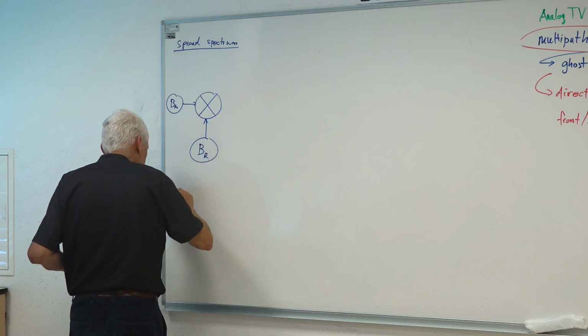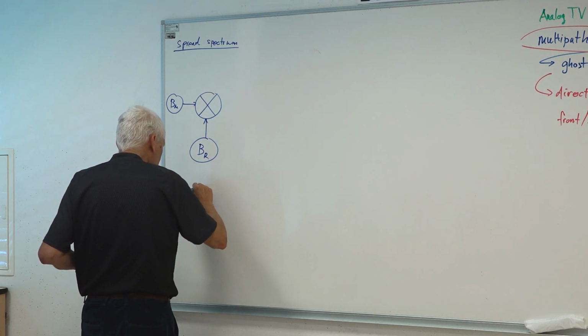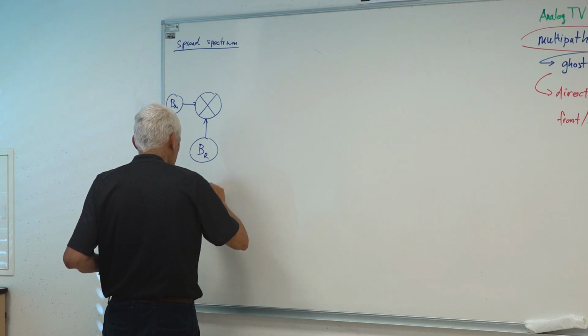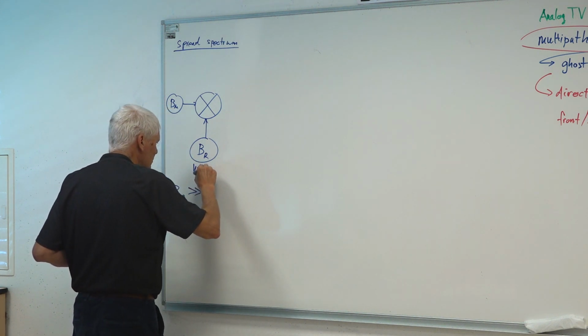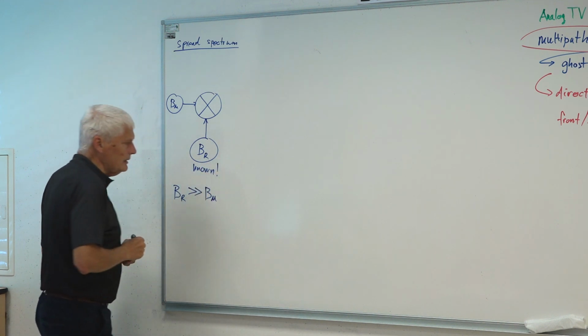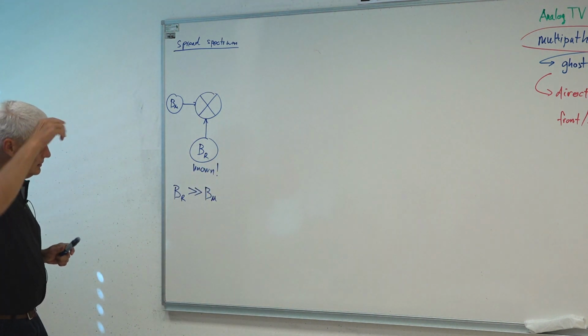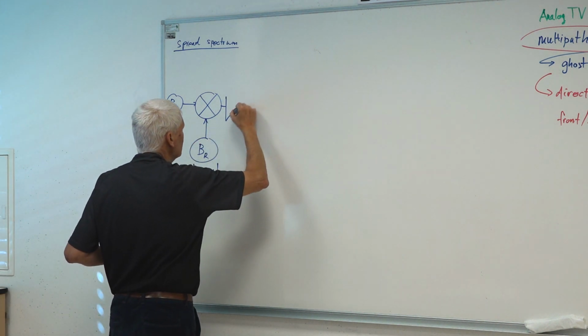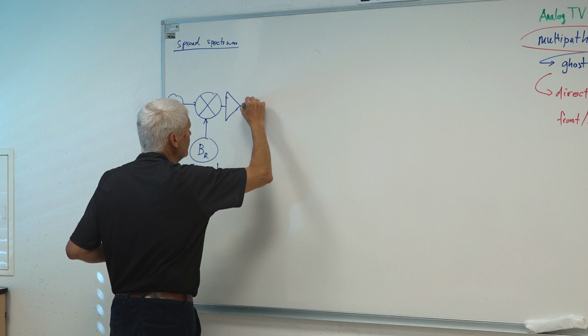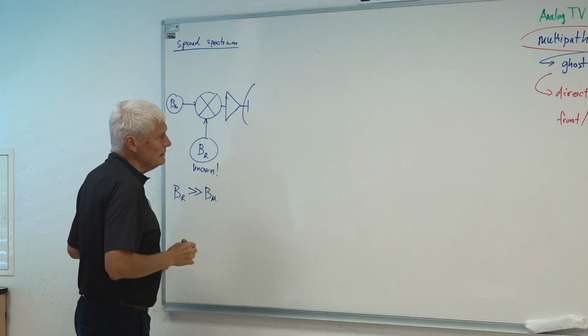Usually this spreading waveform BR is much larger than the user bandwidth. But this one is known. It's a known spreading sequence or spreading signal. And we now transmit this over our link that has multipath.